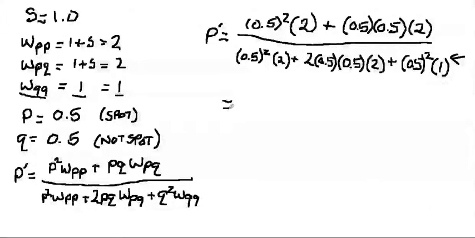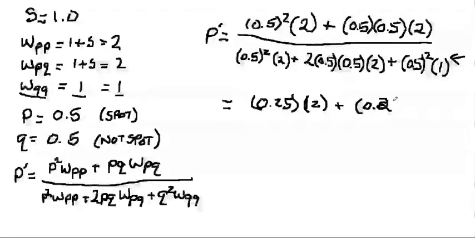Now if we do our numerator, we're going to have 0.25 once we square it, times 2 plus 0.25 times 2.